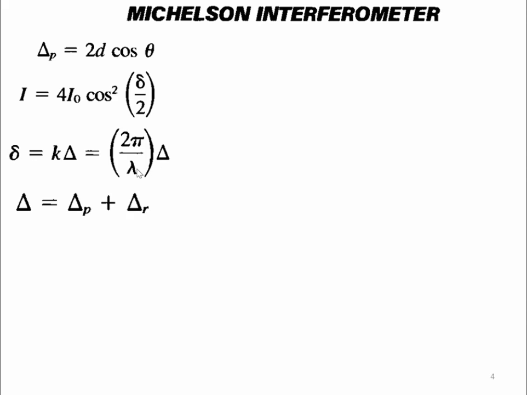Now what will be the total path difference, or effective path difference? This effective path difference will be the sum of the path difference which is coming because of the different paths the two light beams have traveled, and the reflective component of the path difference. Whenever the light wave suffers reflection, it may get an additional phase change of pi, depending upon on which interface the reflection is happening.